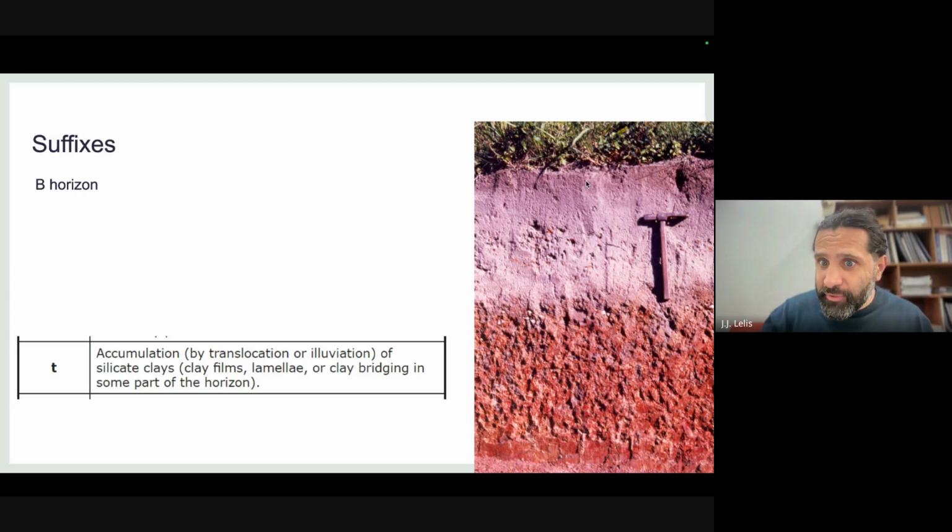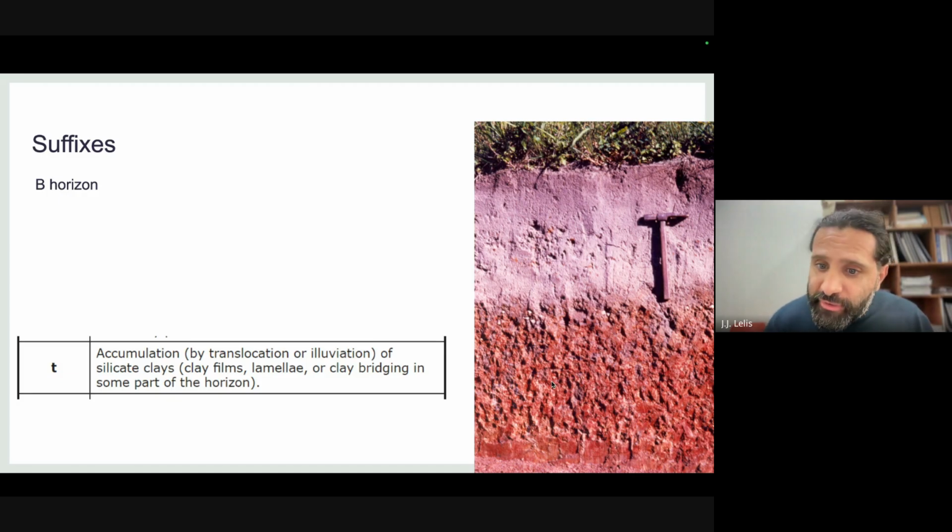The clay from the A and especially from the E horizons migrates from here and now concentrates in this specific horizon. So we say that this is a BT, a B horizon that has a higher clay content than the above horizons, than the sections of the soil above, okay?